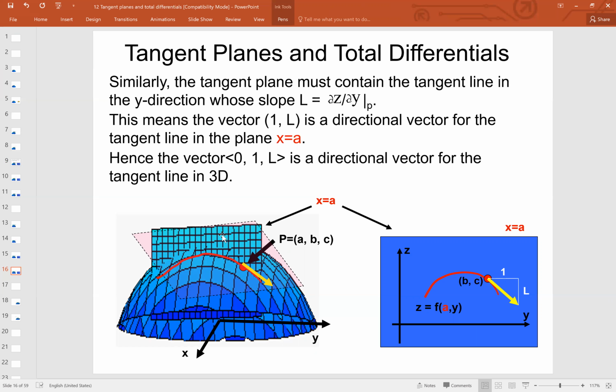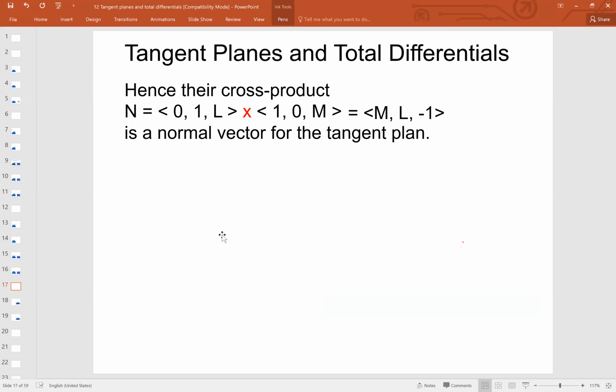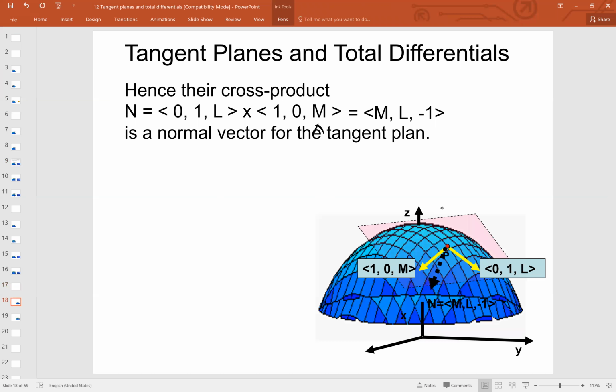So we take the cross product, we get a normal. If we cross (0, 1, L) with (1, 0, m) in this order, then the normal we get points downward, because we will get the z component equal to -1 if you take the cross product. Check it.